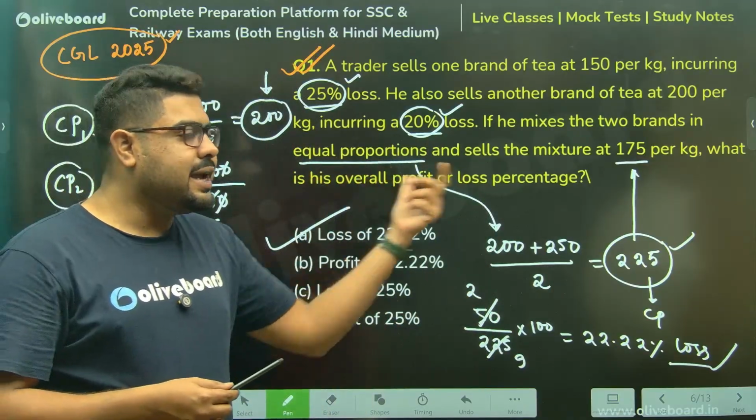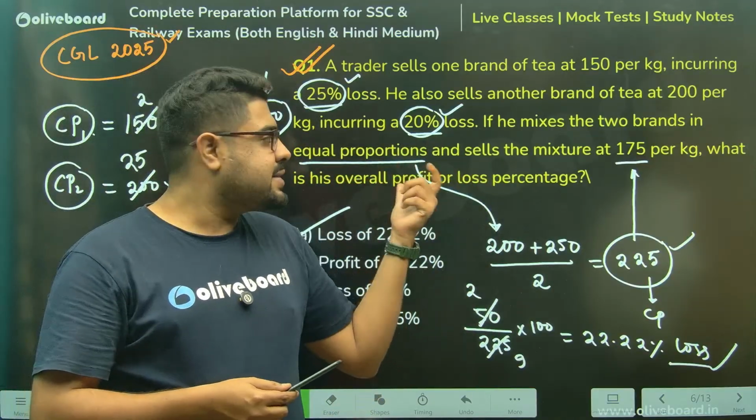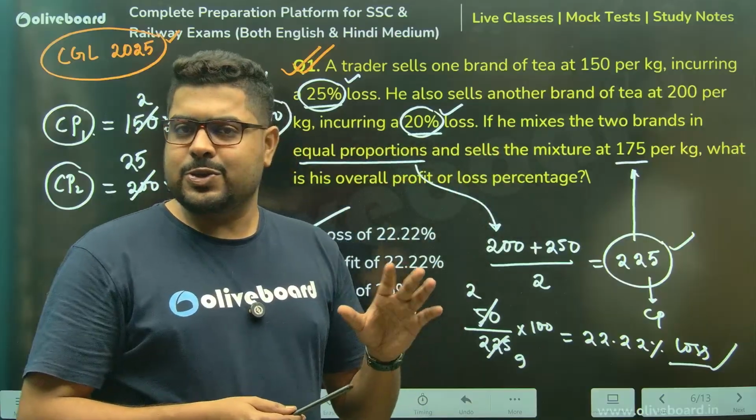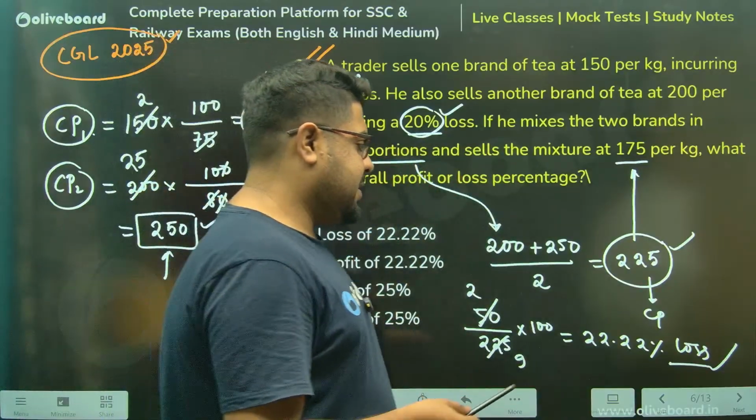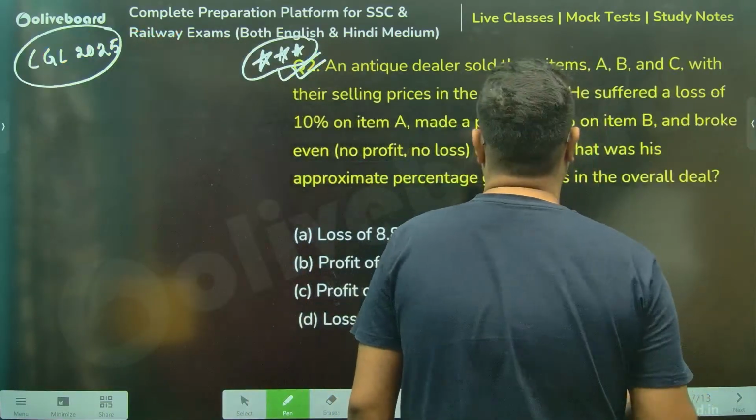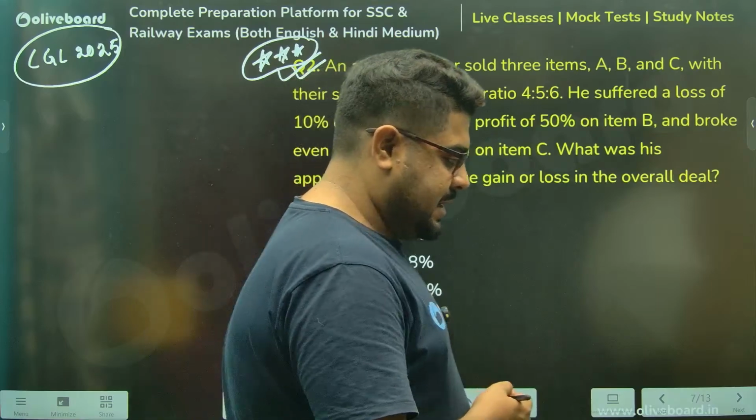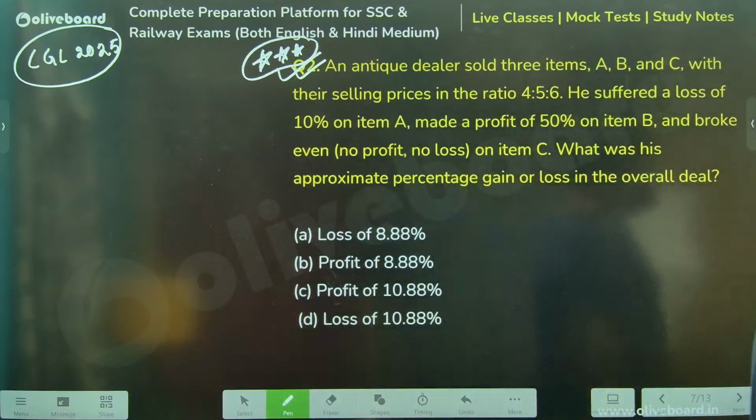They are not asking for any ratios, they are asking a simple percentage. So there is no point trying to go by allegation. Now, if you want to apply allegation by hook or by crook, you can, but that's not recommended.